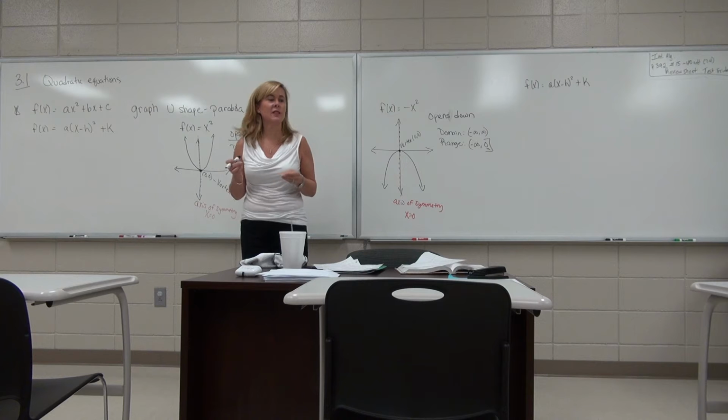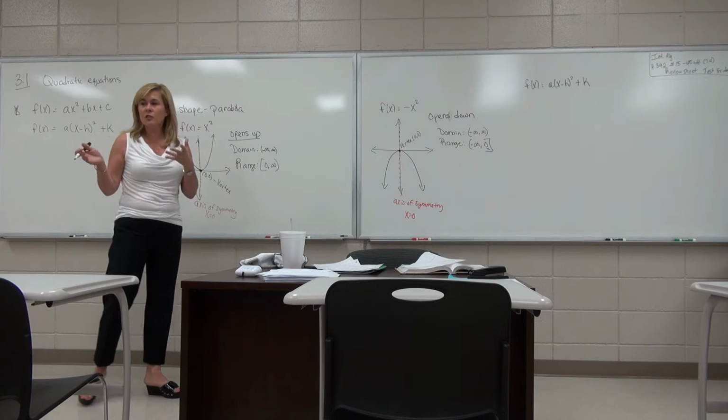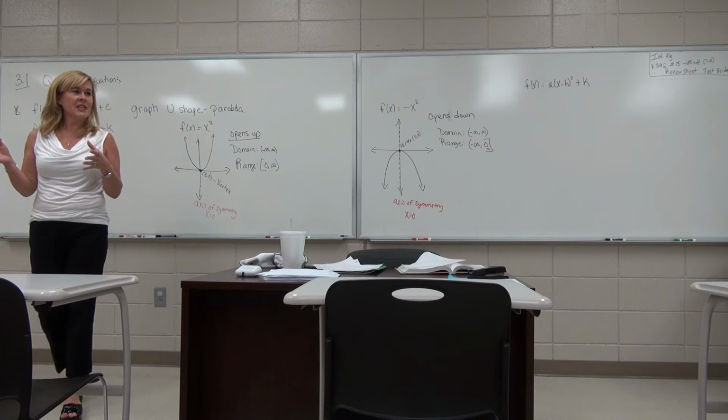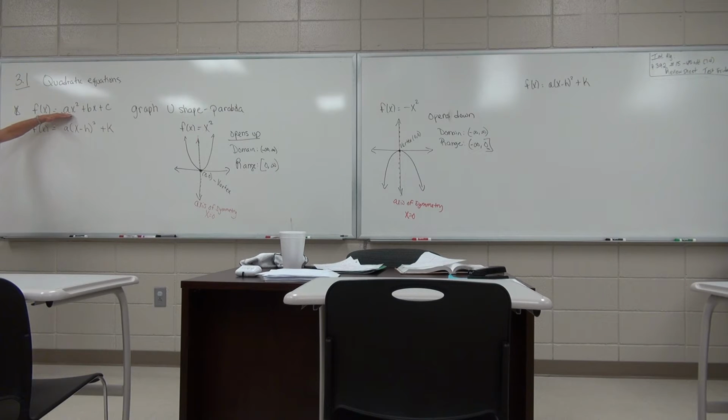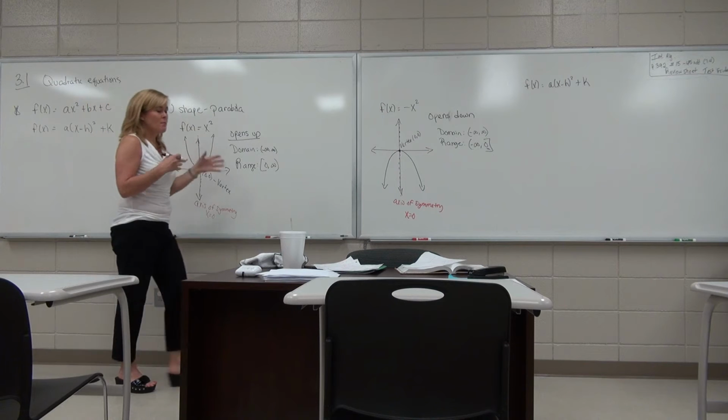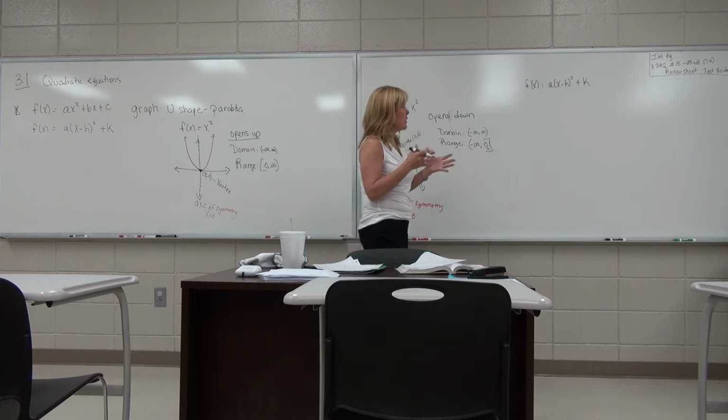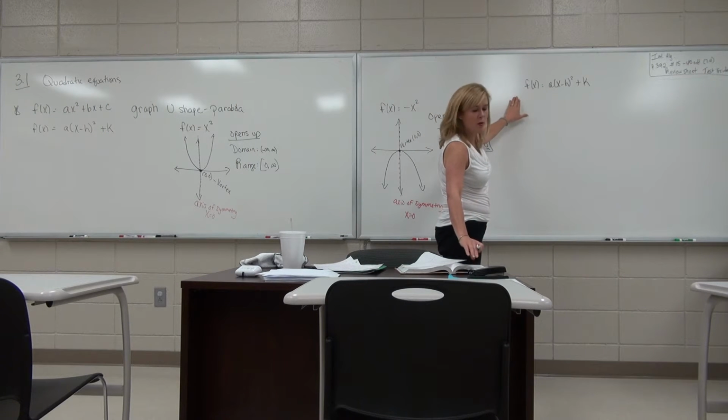One thing about it when it's in this form: remember that completing the square stuff we had to do on the circle in this last test to get it in center radius form? If your quadratic equation was in standard form, you could write it in this form by completing the square. But most people don't like to, that's too many steps. So we're going to just talk about this form in general.